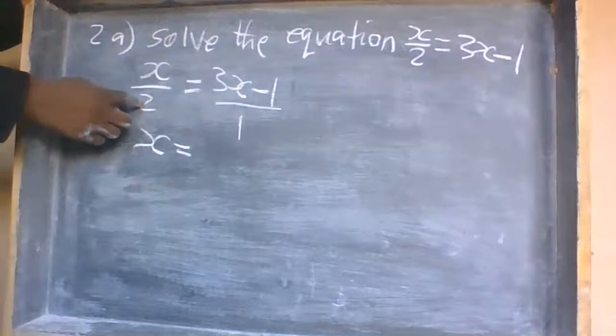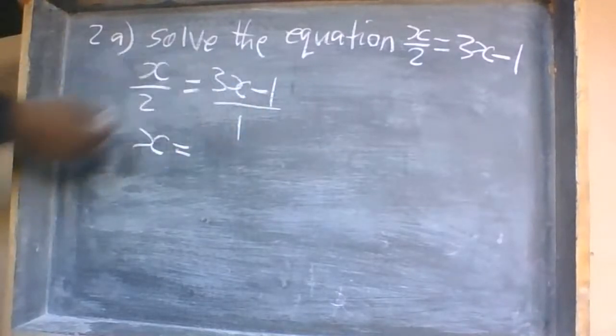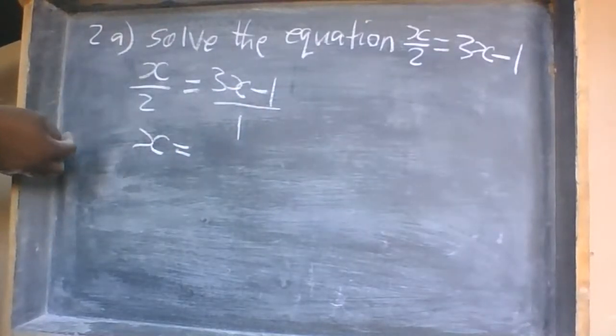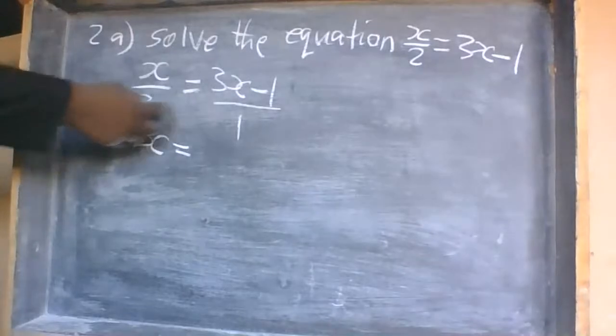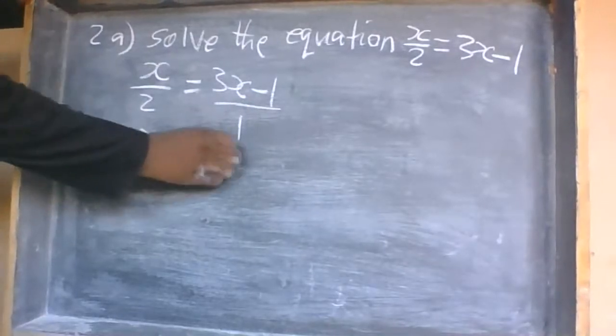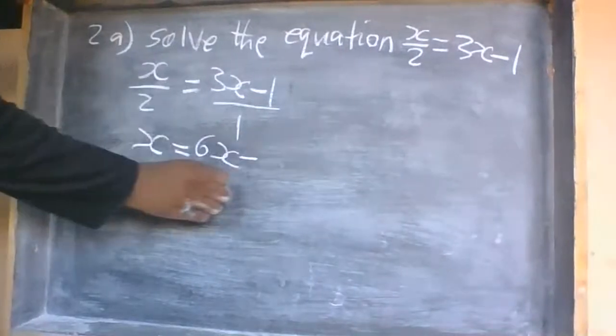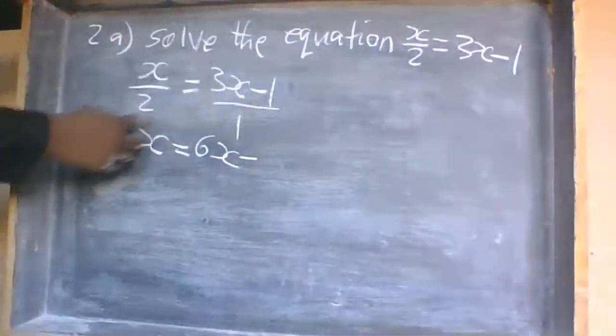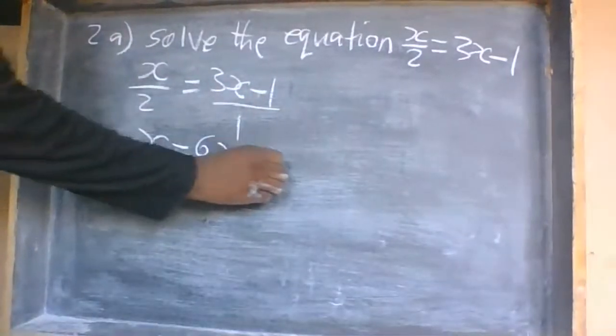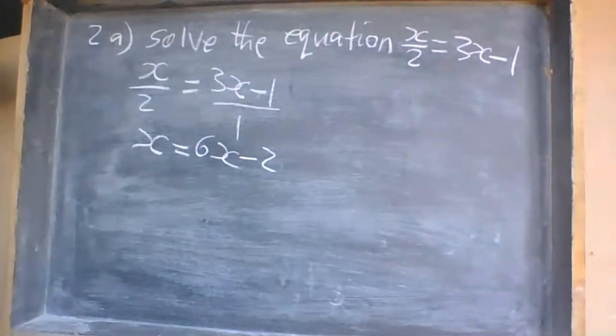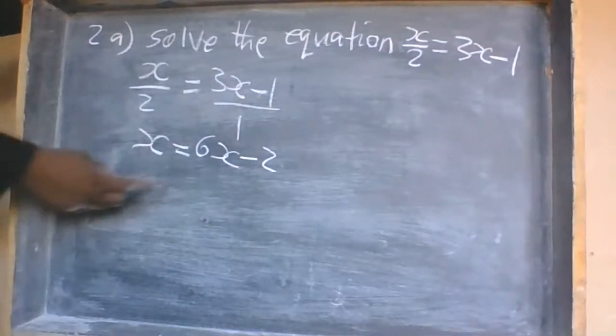Equals, we multiply 2 by the values on top, which are the numerators. So 2 times 3x is 6x, and 2 times 1 is 2, so we say minus 2. Then we collect the like terms.